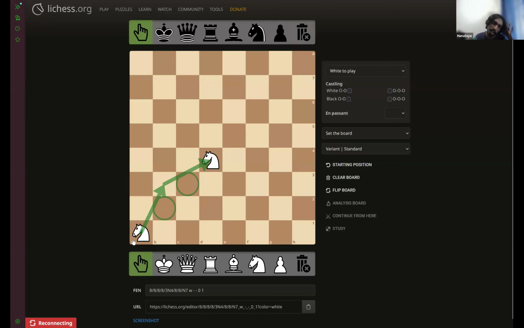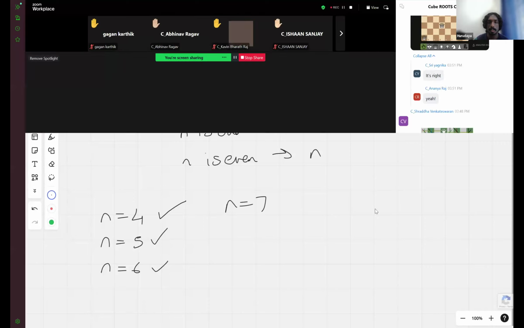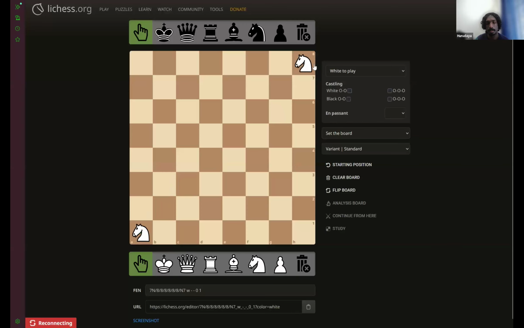So I can just go to, if I wanted n is equal to 7, for example. One second. Go here. So this actually increases it by 3, if you'll notice, right? Not 2. Sorry. This increases it by 3. So that's why n is greater than 3. That's why the formula actually works like that.